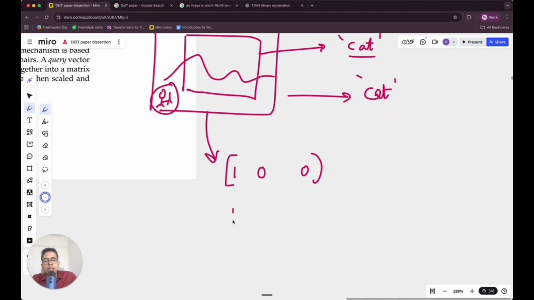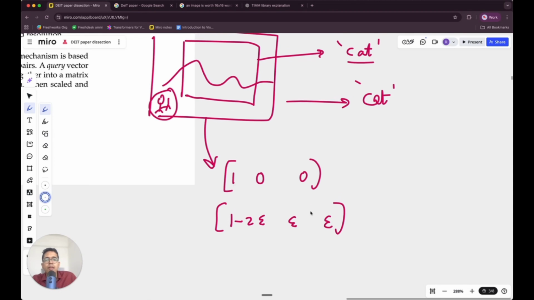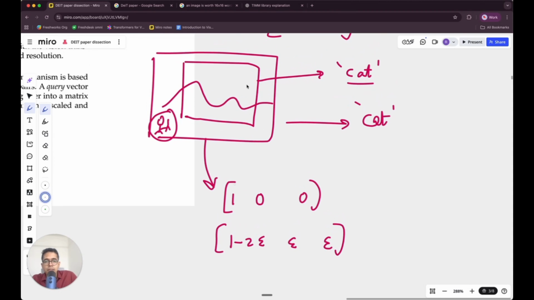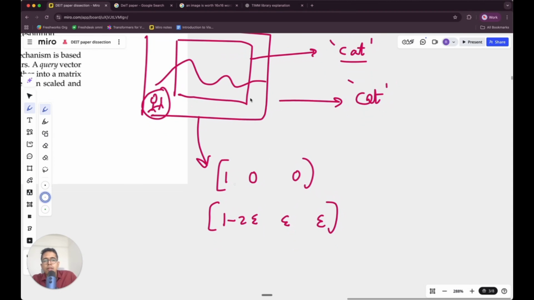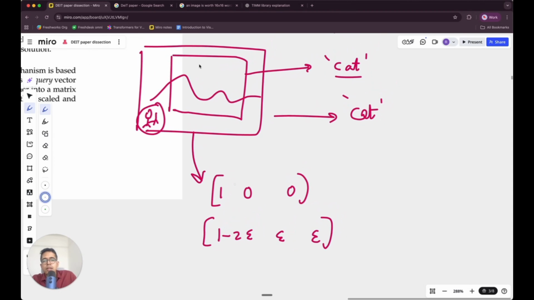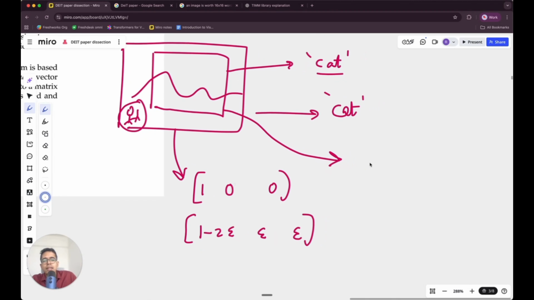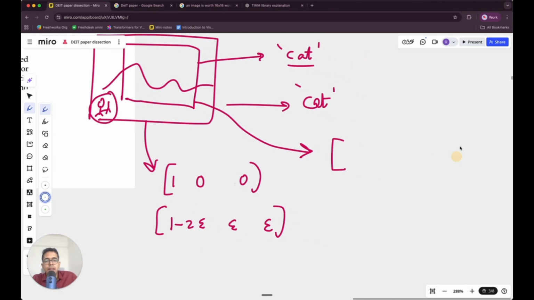After label smoothing, this will become, let's say, 1 minus 2 epsilon, epsilon, epsilon, so that the sum will remain 1. But maybe after augmentation, although the ground truth is cat, this cropped data may make the teacher predict something like 0.1, 0.1, 0.8.